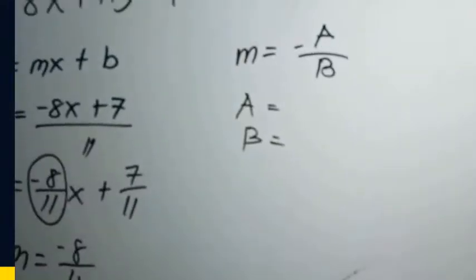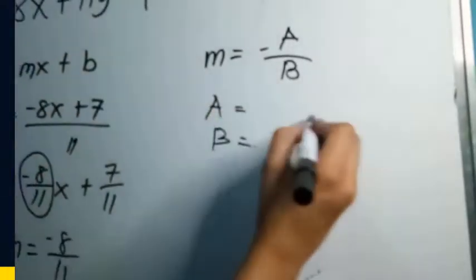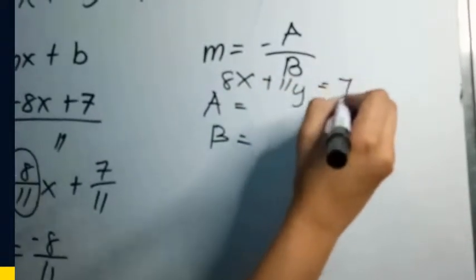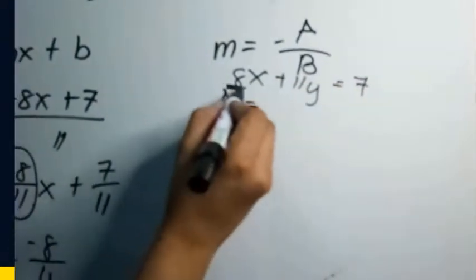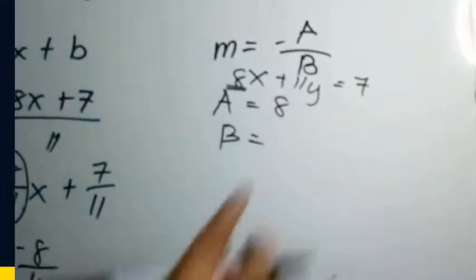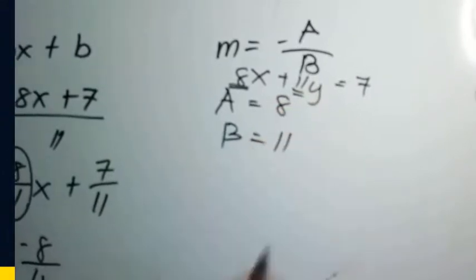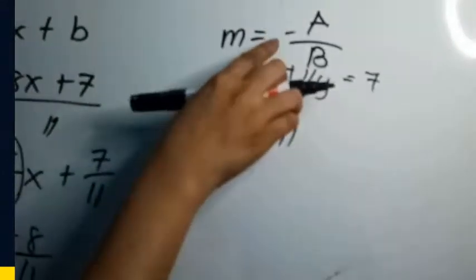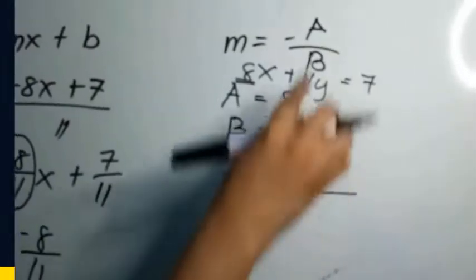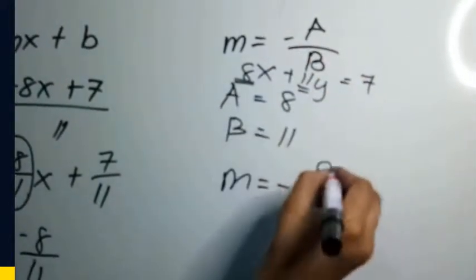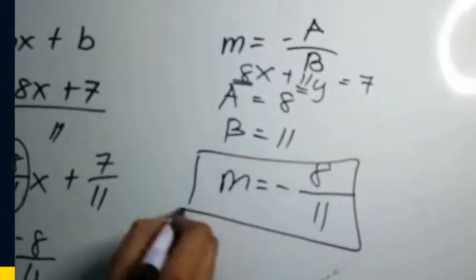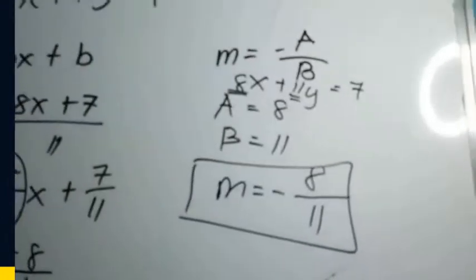The equation we have is 8x plus 11y is equal to 7, so the value of a is 8 and the value of b is equal to 11. Just substitute the values of a and b in the given formula. So m is equal to negative 8 over 11.